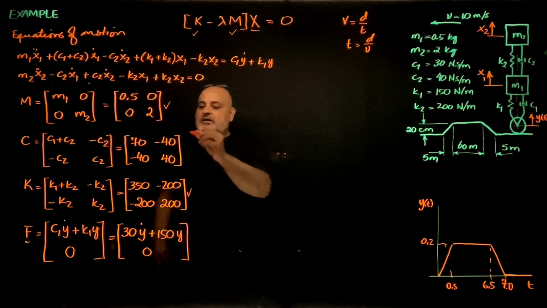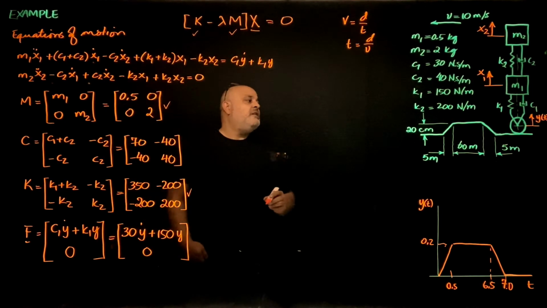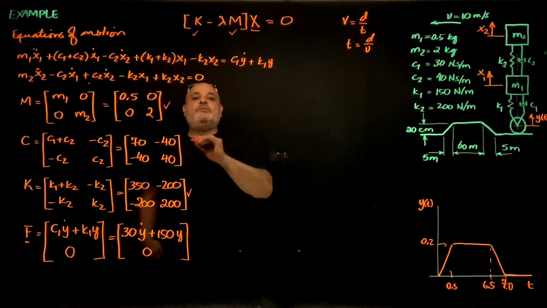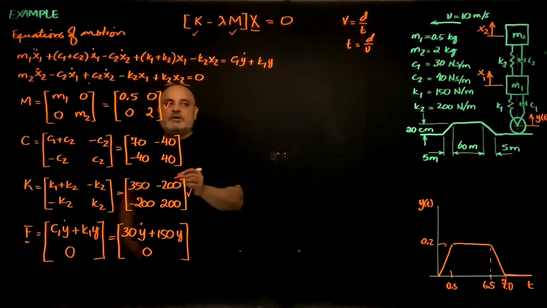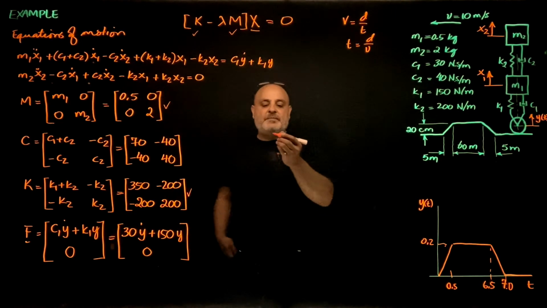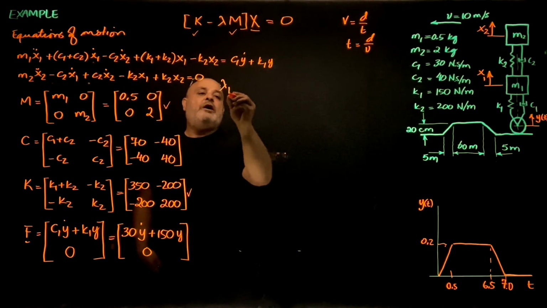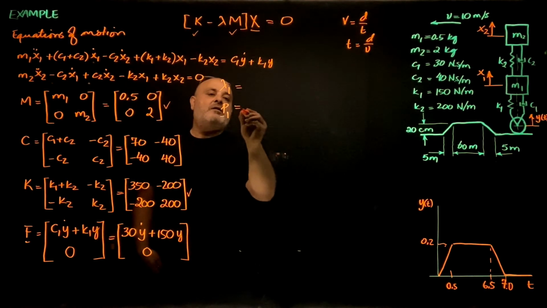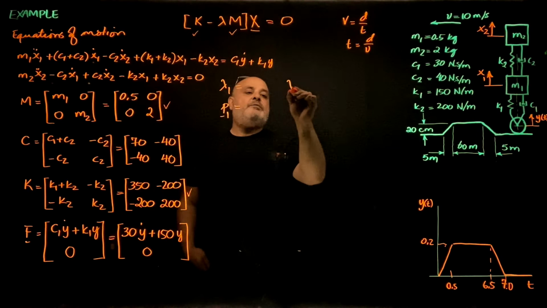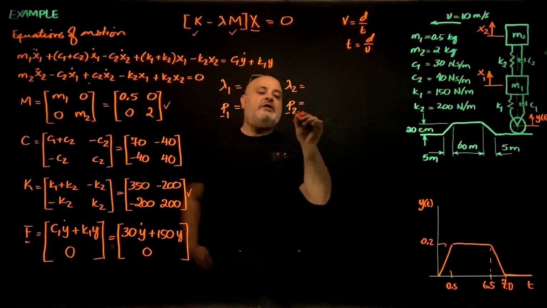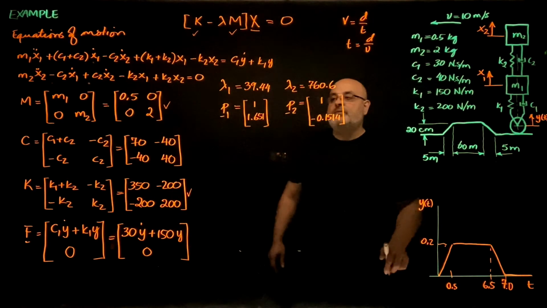Now if you plug in these two matrices either into MATLAB or just find the determinant of k minus lambda m and solve for the eigenvalues and eigenvectors, we will get lambda 1 and p1, and lambda 2 and p2, two eigenvectors and two eigenvalues.